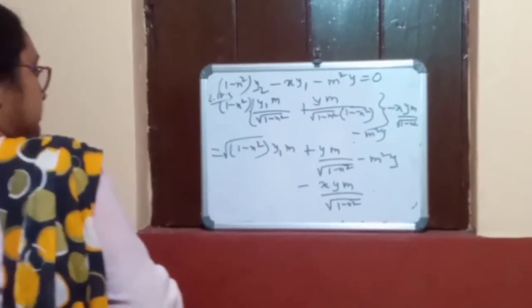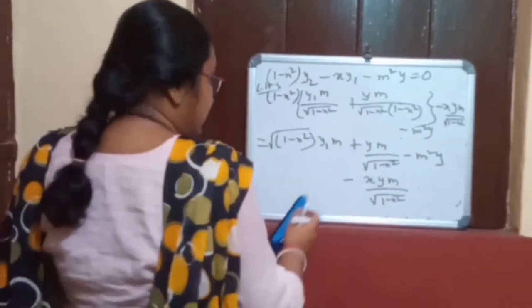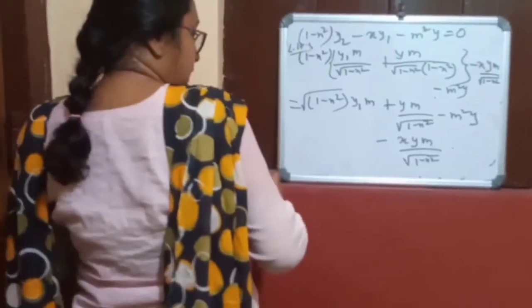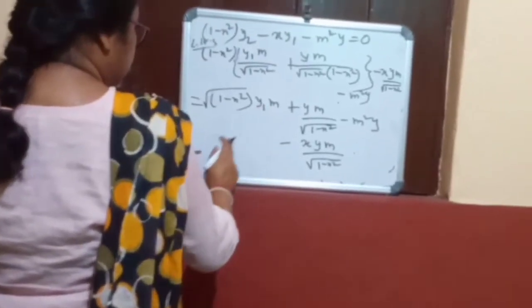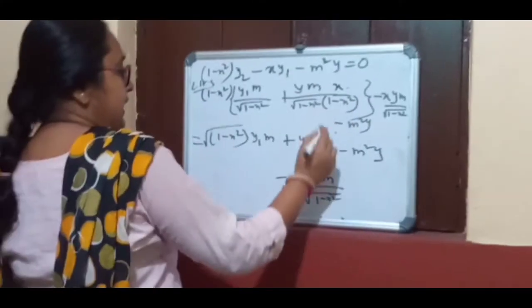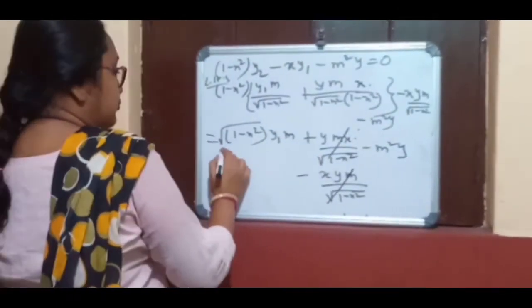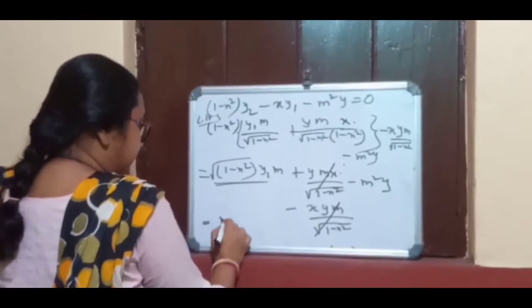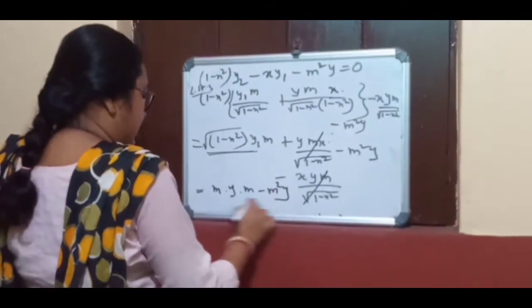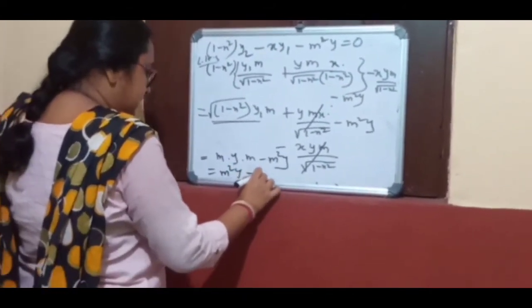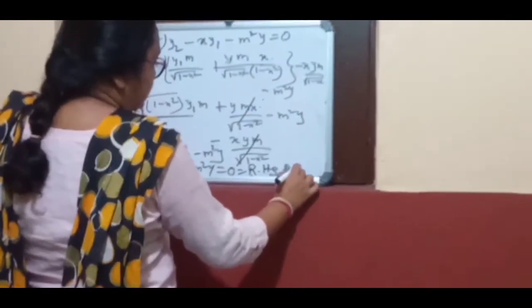Now what is the value of y1? y1 equal to m into y, and this part is totally cancelled, and already m is present, minus m square y. This is m square y minus m square y equal to 0. This is RHS, proved.